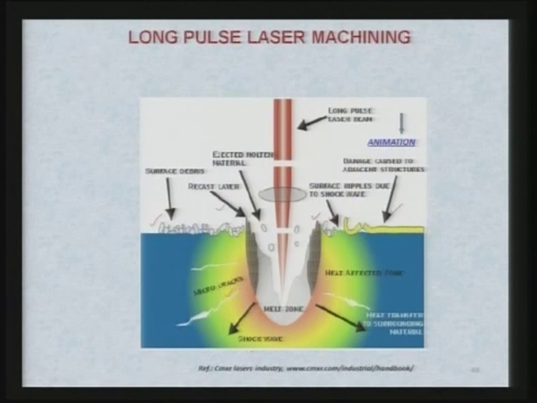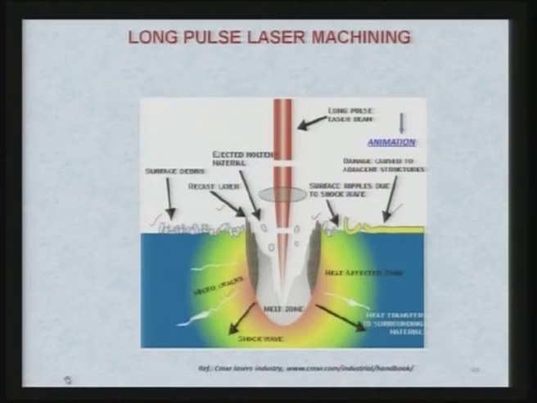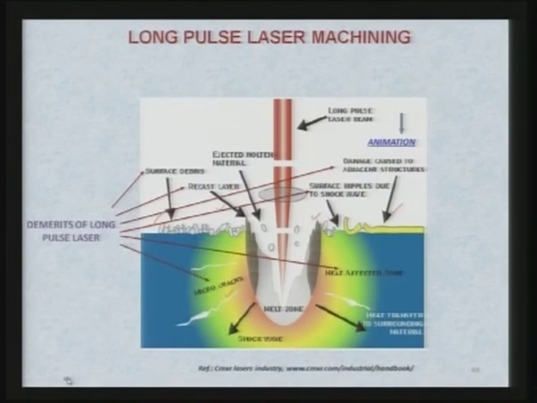Apart from that, you can clearly see here micro cracks are there, and heat conduction is definitely there, which raises the temperature gradient inside the workpiece. So, these are some of the defects which are really not good as long as the machined hole or machined material is concerned. They are not desirable. So, these are the demerits.